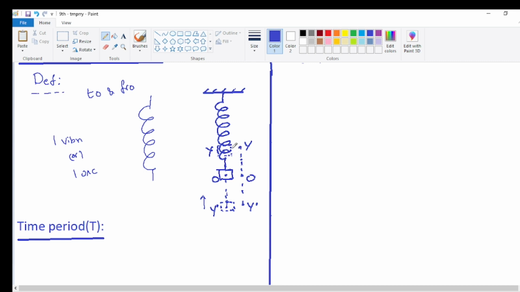So for example from here to here, this path y o y dash is more clearly visible here beside this, that is why it's drawn beside the actual object and spring, so that the path is clearly visible. Now divide this into tiny elemental lengths, each of very very tiny length. So during one complete oscillation or one vibration, observe here carefully, for every elemental length, the body actually moves along this elemental length twice, once upwards and once downwards.